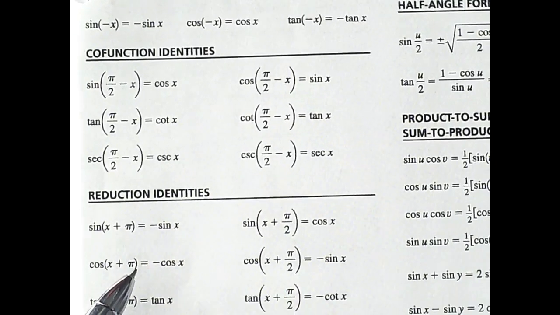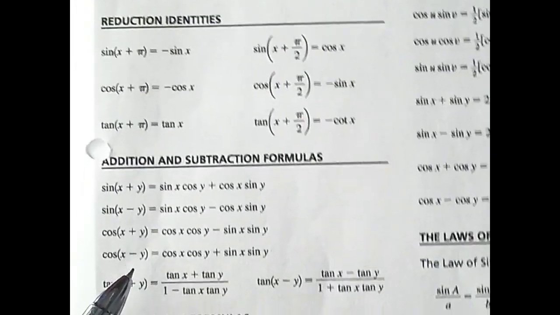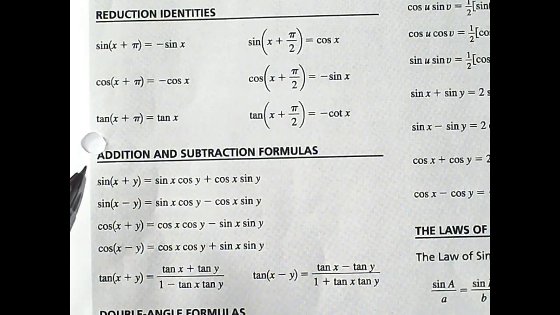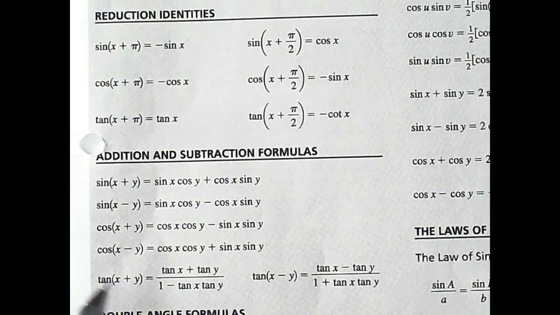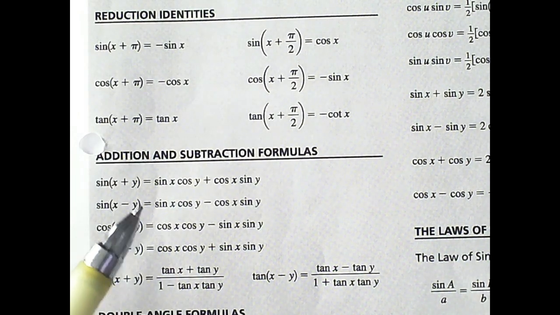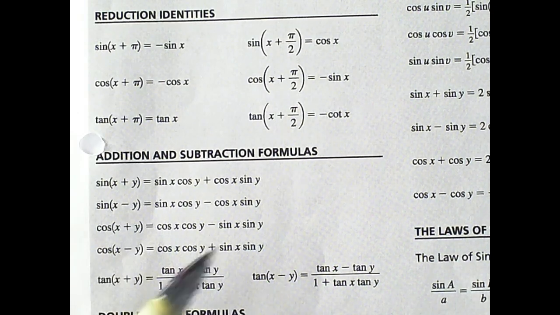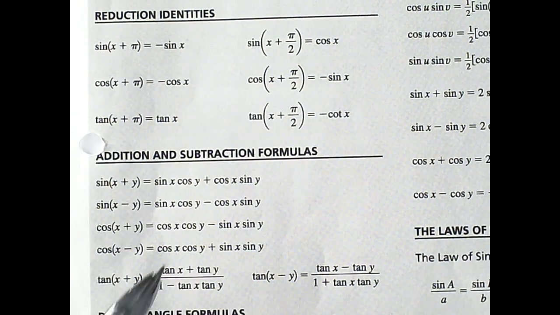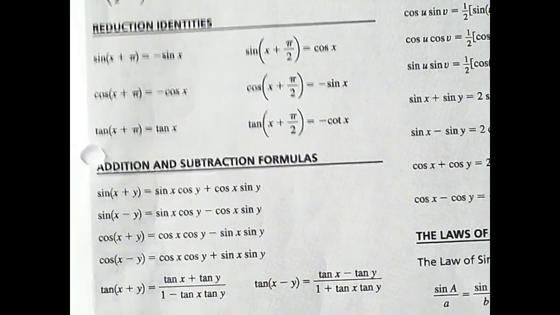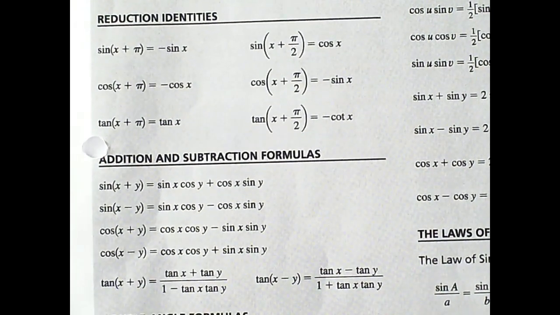Let's skip the cofunction and reduction identities for a moment and look at the addition and subtraction formulas. The previous video was all about the addition and subtraction formulas. We derived some of them, not all of them, but we derived some of them. Similar strategy, can do the other ones. And we saw some problems using the addition and subtraction formulas. We were able to evaluate trig functions of angles that we typically couldn't do, like sine of 15 degrees.